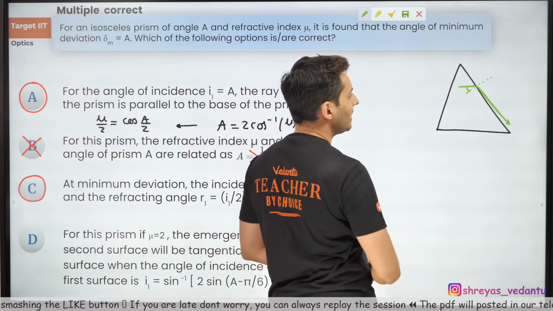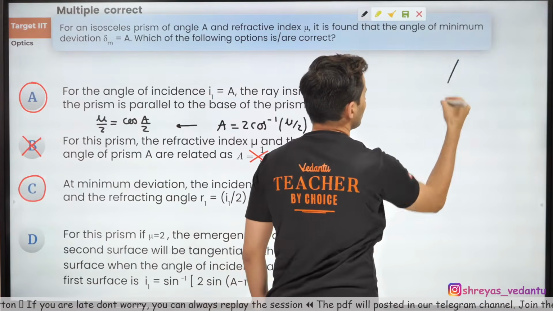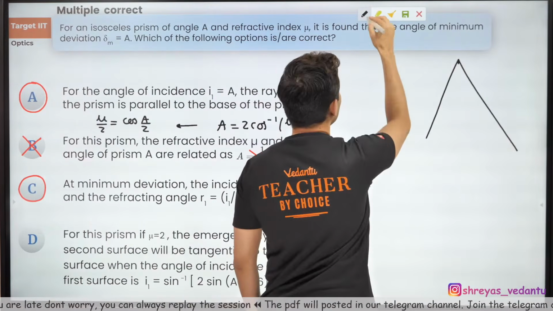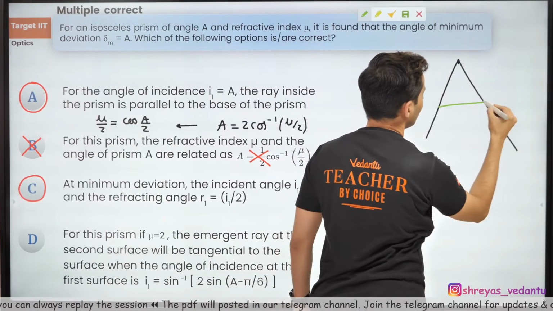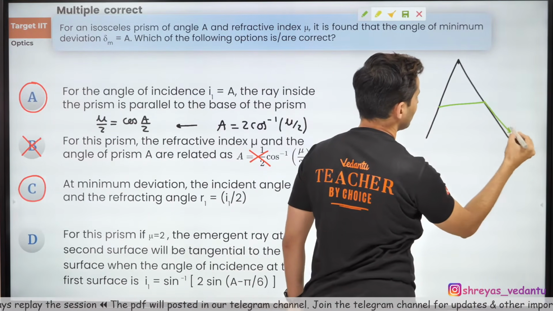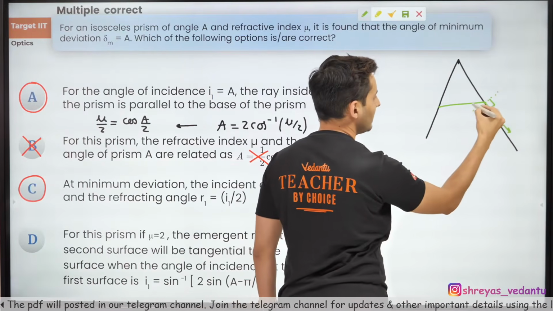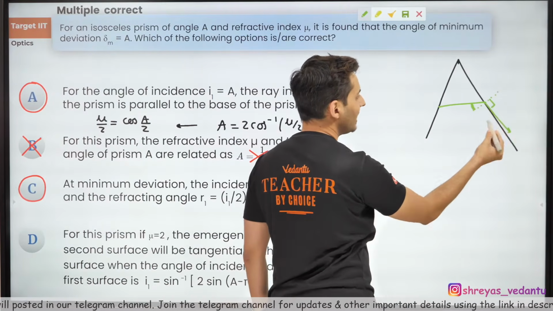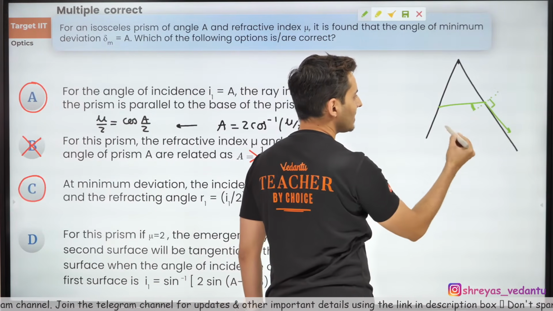Let me draw a bigger diagram probably, that will help. Okay, so these are the two surfaces, and the ray is coming like this. This is the final emergent ray. This is almost like 90 degrees. This angle should be the critical angle, only then it will almost come close to 90 degrees.